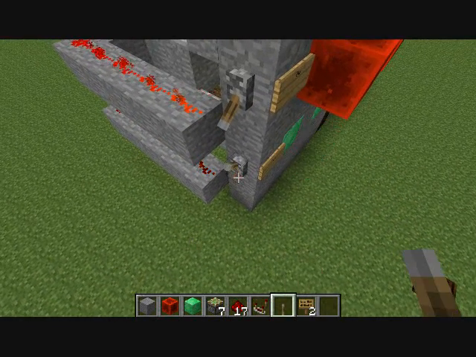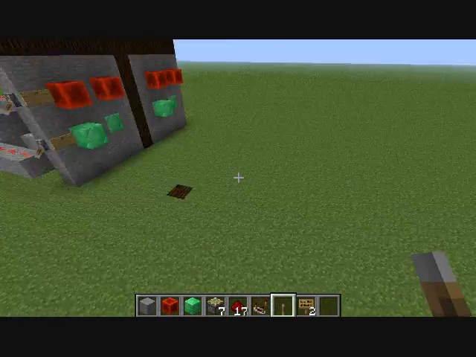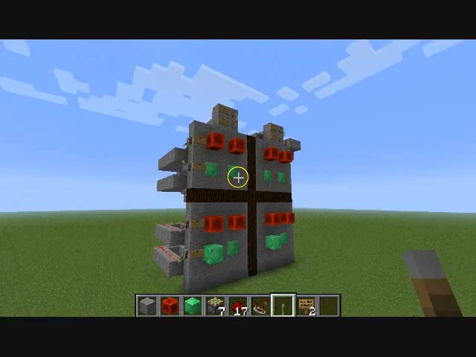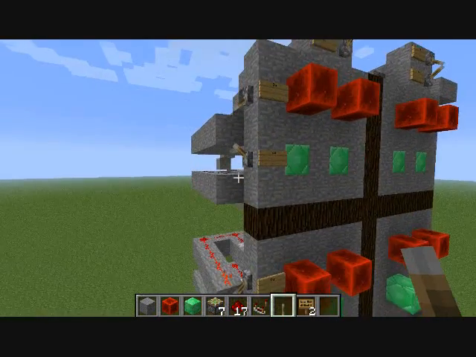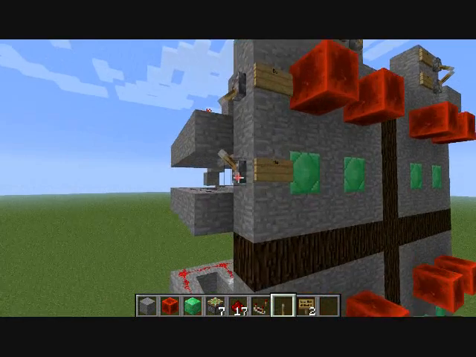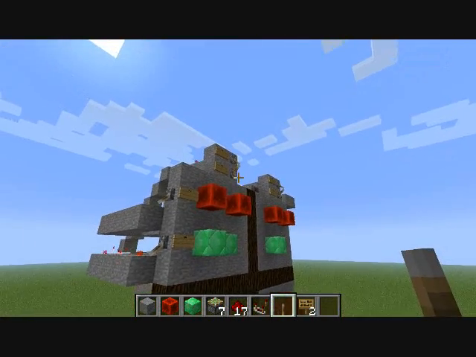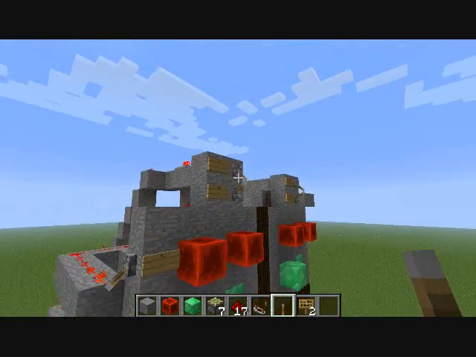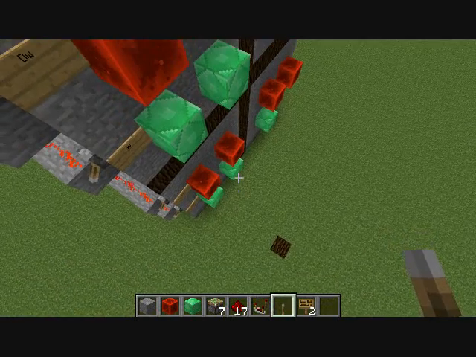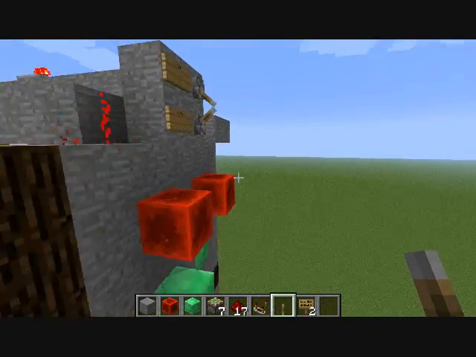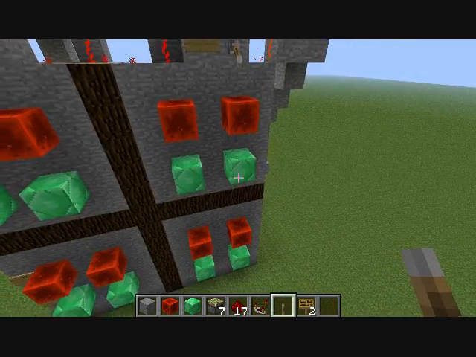This lever here controls the recessive alleles to the left, and this lever over here controls the top two right here. This lever right here controls these two, and this lever over here controls these two.